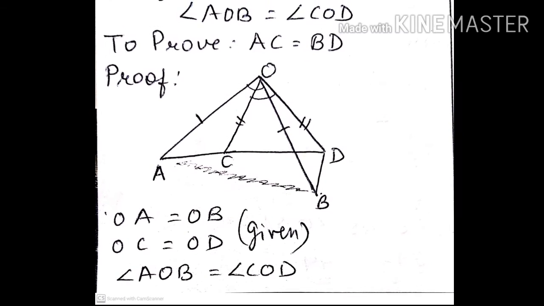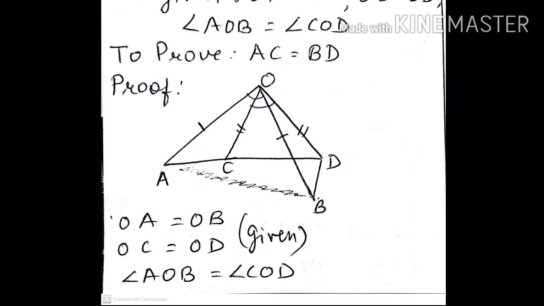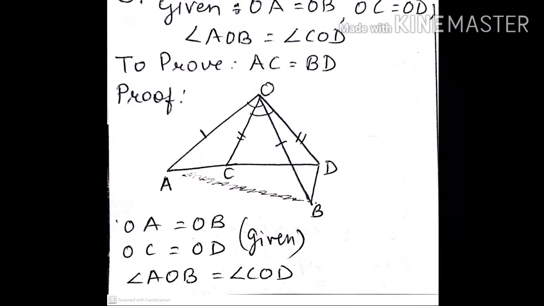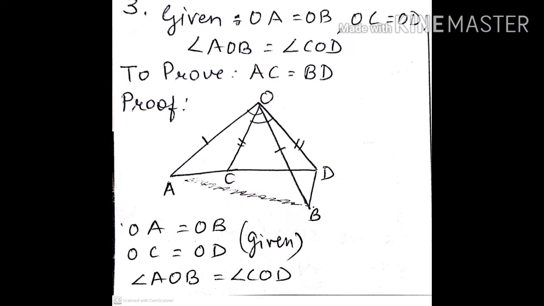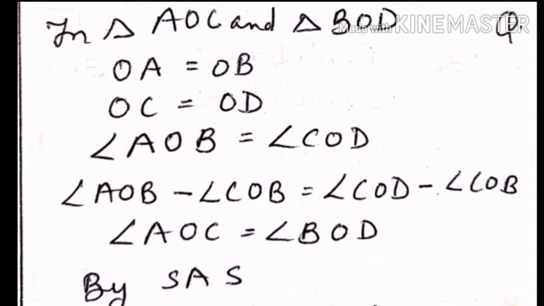So we will separate that angle COB to get our angles AOC and BOD equal. So I have started with in triangle AOC and triangle BOD, OA is equal to OB, OC is equal to OD, and angle AOB is equal to angle COD. And as I told you, COB is the common angle. So subtracting from both sides, I get angle AOC is equal to BOD.